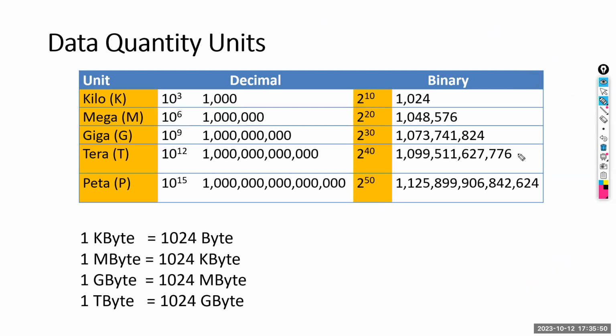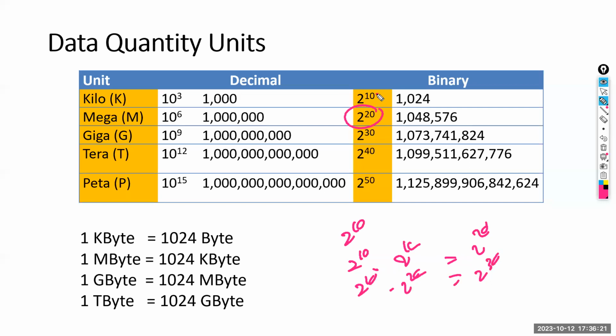Okay, so an easier way to remember is, say 1 kilobyte is 1024 byte, or 2 to the power 10 byte. So 1 megabyte is 2 to the power 10 kilobyte, and kilobyte is again 2 to the power 10, so therefore it's 2 to the power 20. 1 gigabyte is 2 to the power 10 megabyte, and megabyte is 2 to the power 20, so altogether it is 2 to the power 30.